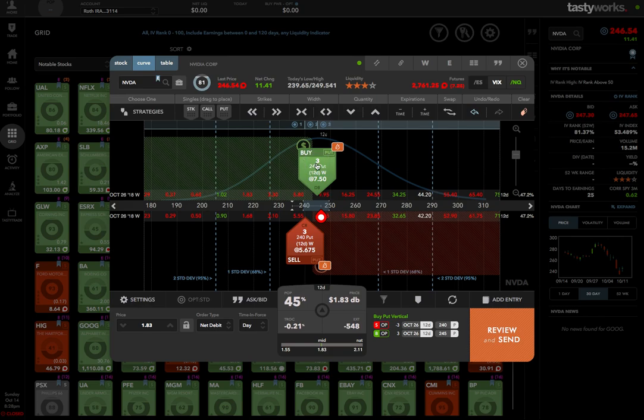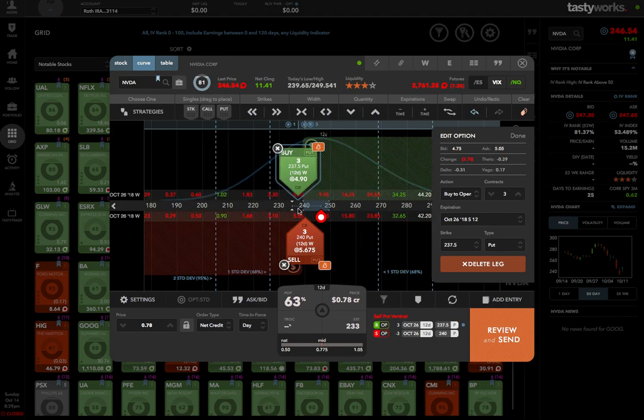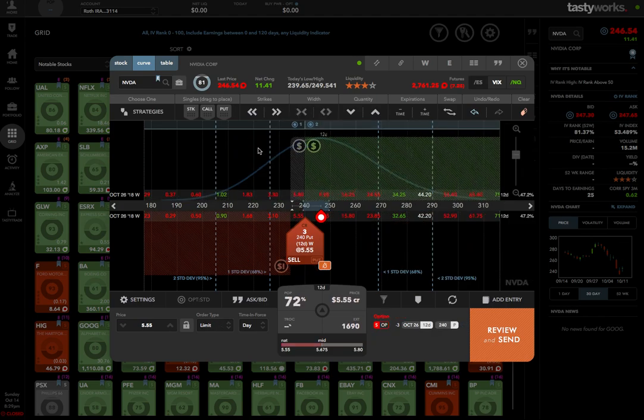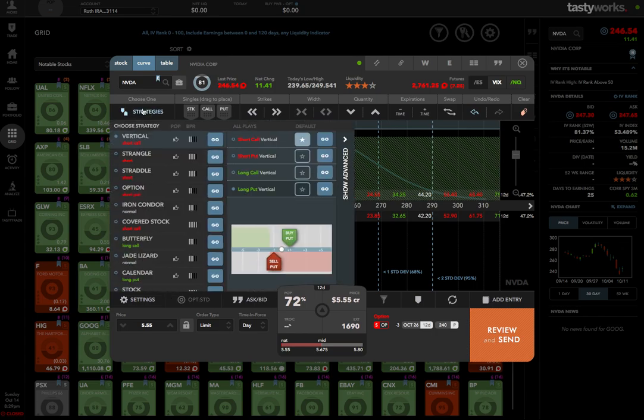Now, if you wanted to sell any options, these are buying puts, and the last one was buying calls. If you wanted to sell some options, you would go to vertical, and say you were bullish on the video and you want a short put vertical.